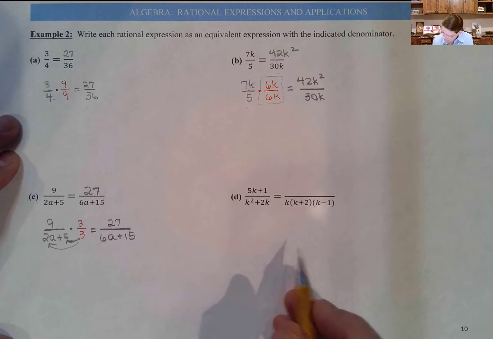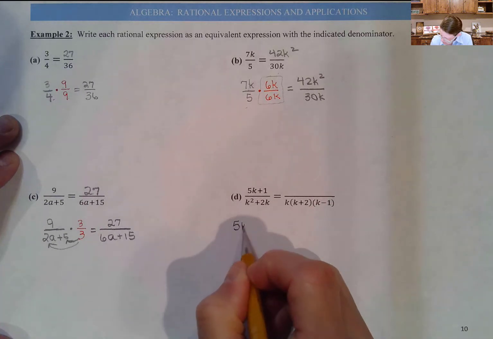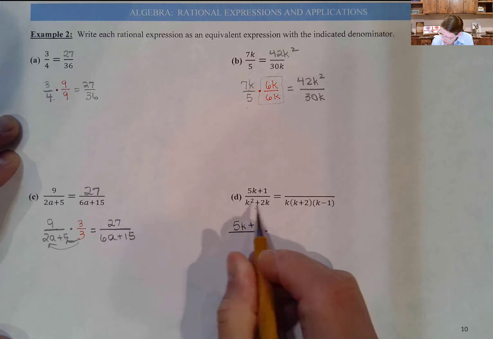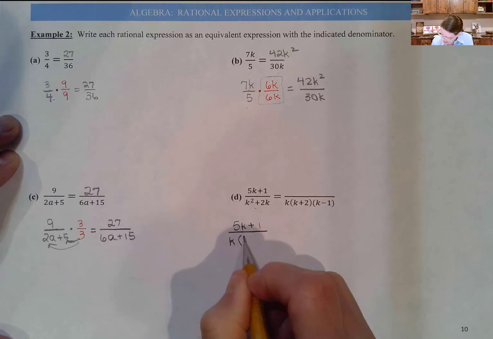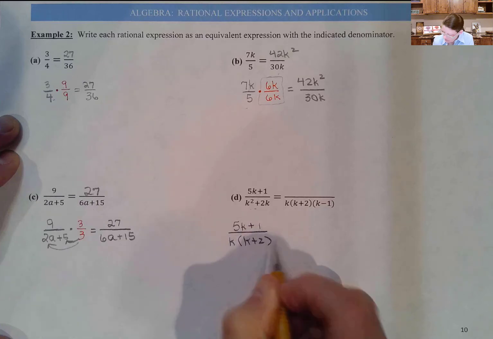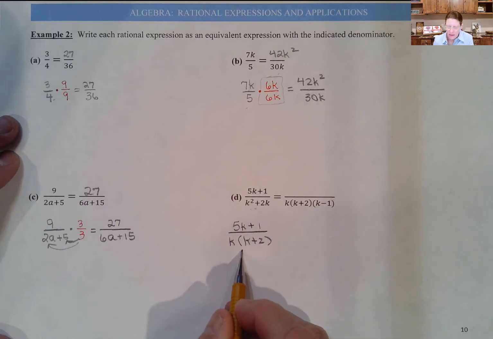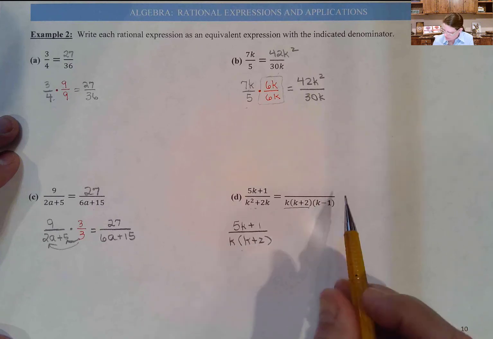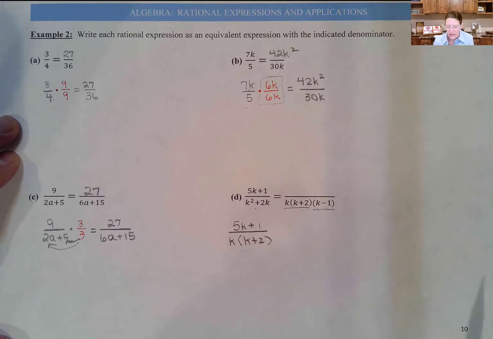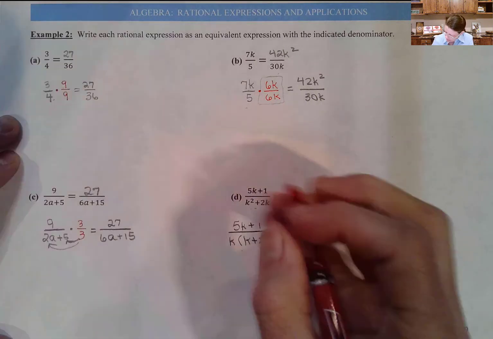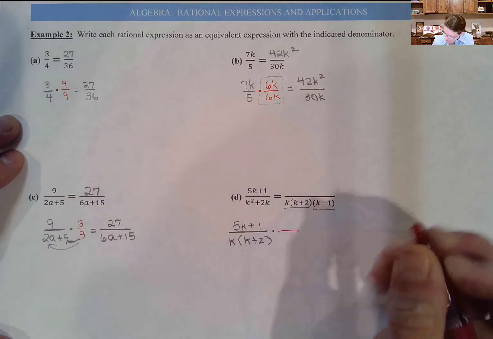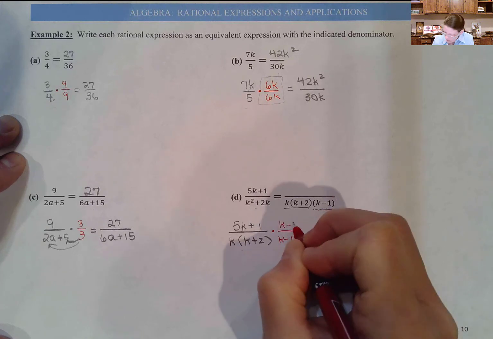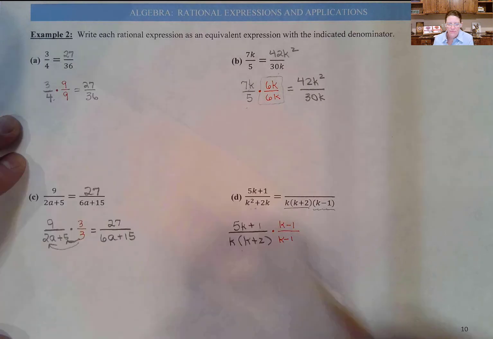Lastly, part D. Let's write our initial fraction, 5k plus 1 over k times k plus 2. I just factored out the greatest common factor, k. This is going to allow us to compare things a little easier. We see there's an additional factor, k minus 1. The denominator has been multiplied by k minus 1, therefore we will do the same with the numerator.